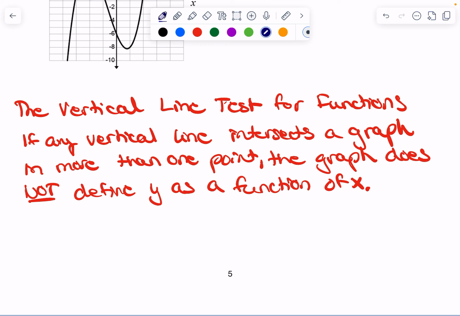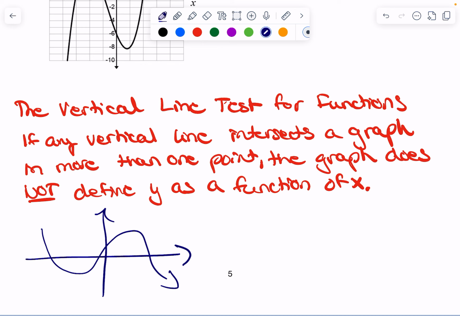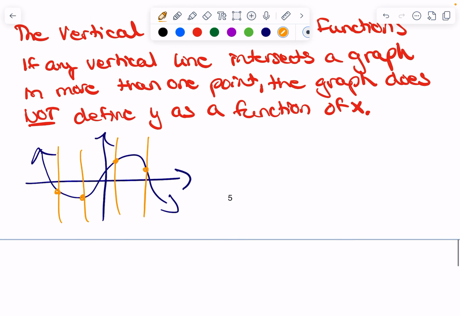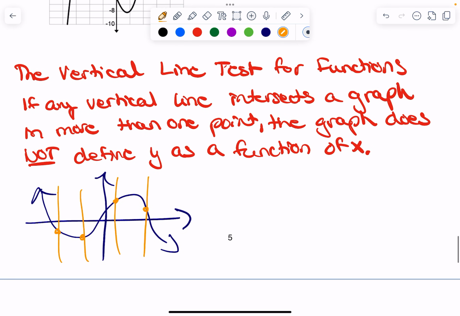We're going to go ahead and do a couple of examples. So I'm going to graph an example like this. Now, if I do a vertical line test, that means that I'm going to draw vertical lines here. It only intersects the graph in one spot. So we know, there we go, there's that extra page after I write on this. Okay, anyways, since each vertical line crosses in one spot, this is a function.